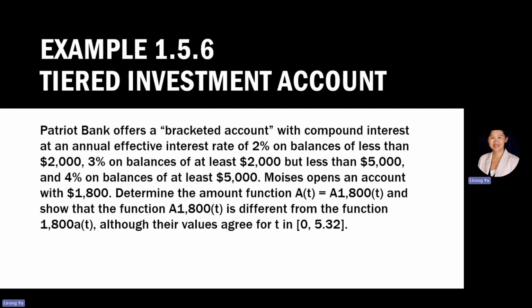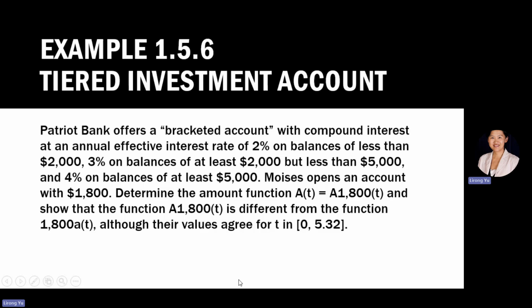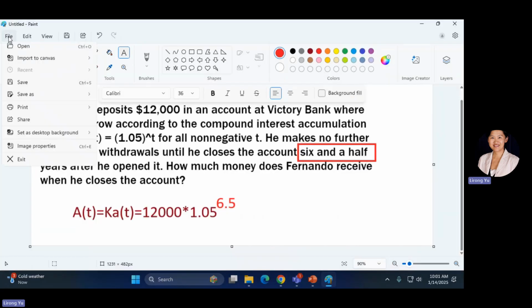Right, so if you want to show it's different, first you have to set up the amount function properly. So here we do this. We have to find out when it goes past the thresholds.